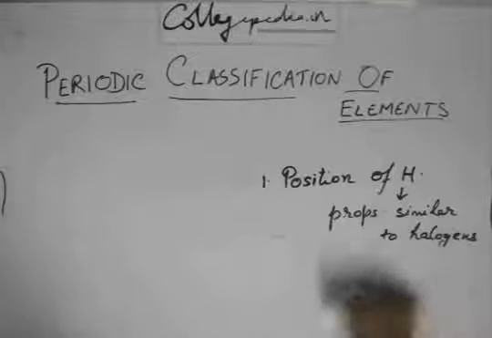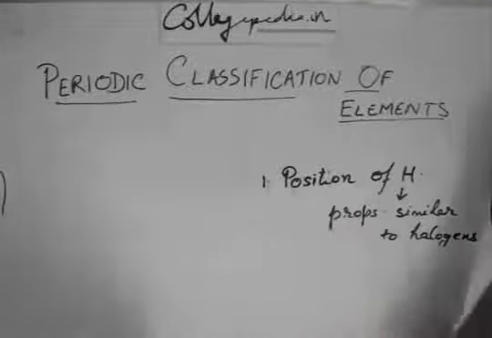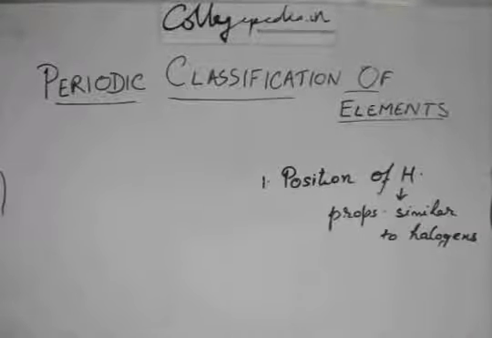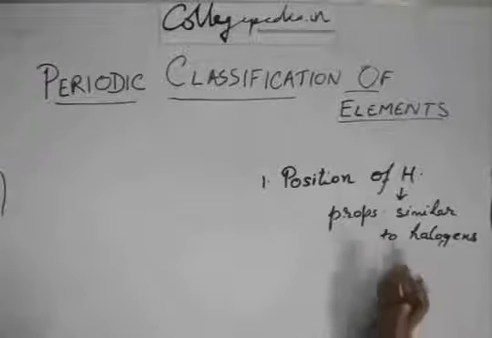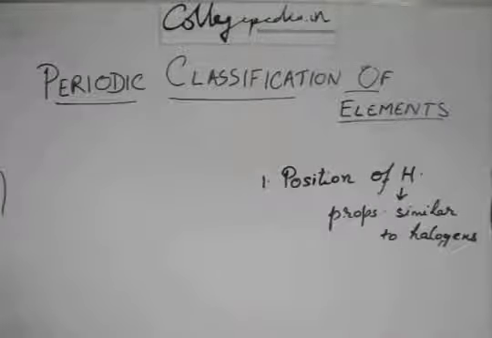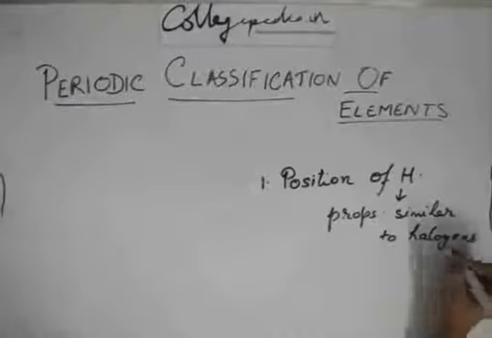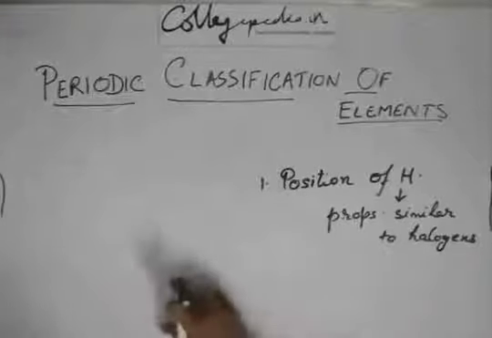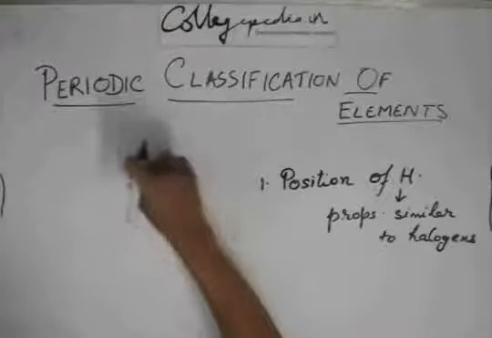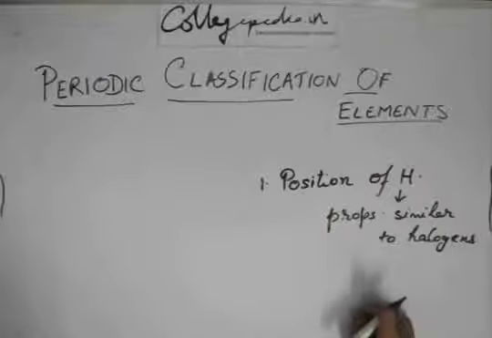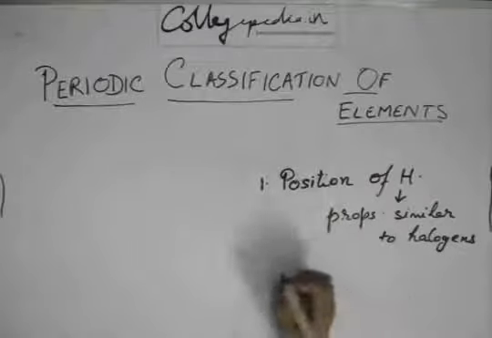So coming to the disadvantage: it has properties similar to halogens. So how can you say with confirmation that it can be put into the group with the alkali metals? You cannot just put it into the group with alkali metals, because then you're neglecting the fact that it has properties similar to halogens. That was one disadvantage.